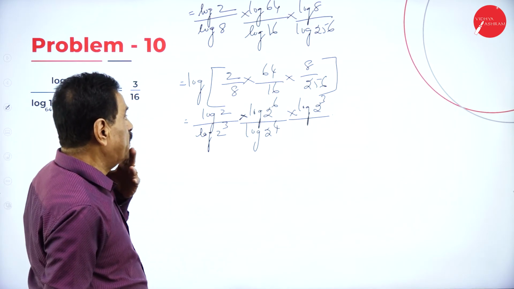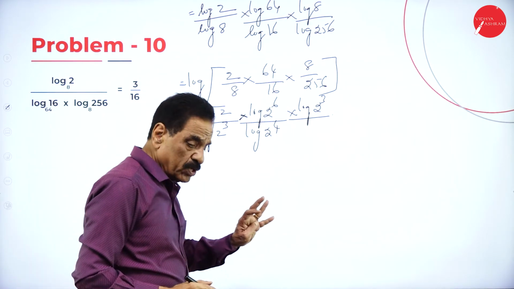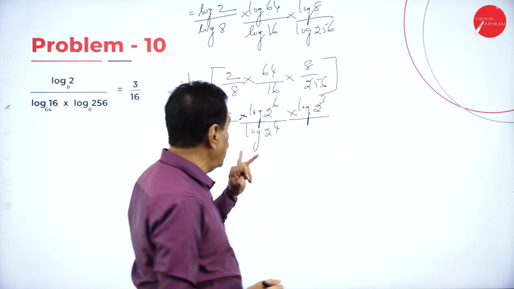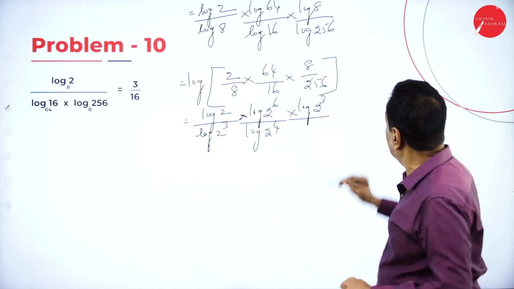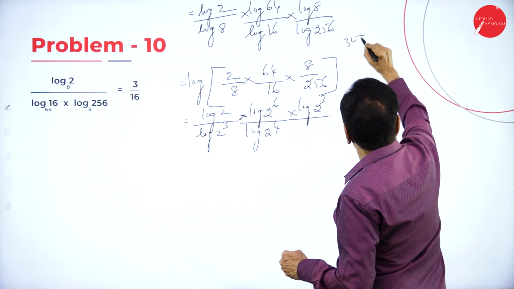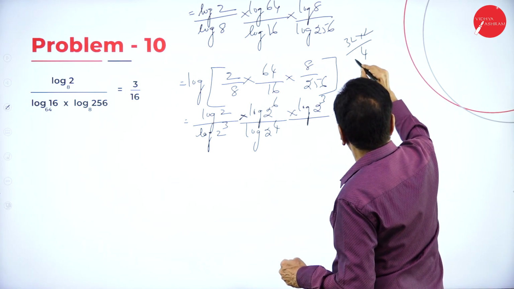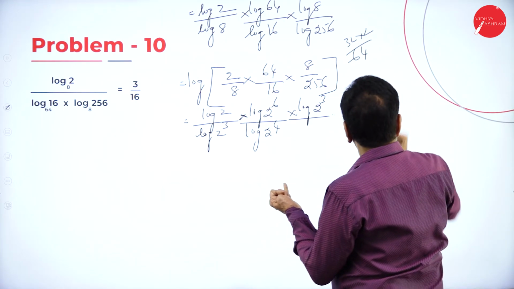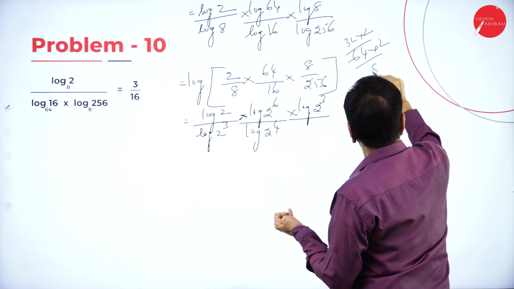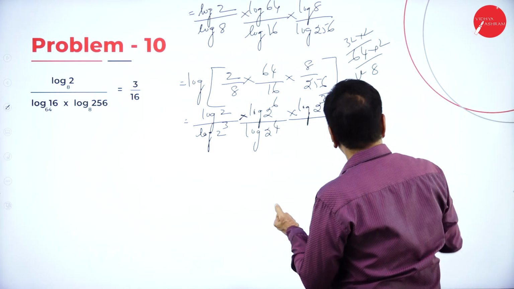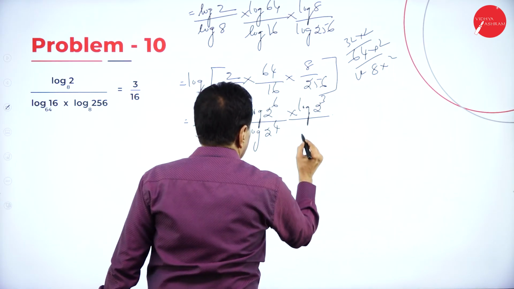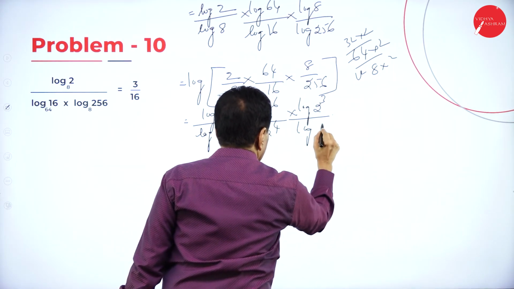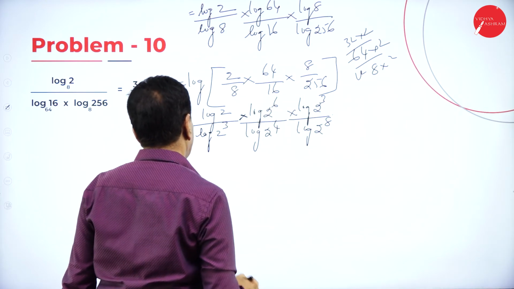This is 256. 2 twos are 4, 4 twos are 8, 8 twos are 16, 16 twos are 32, 32 twos are 64, 64 twos are 128, and once more 256. So this is 2 to the power of 8, log 2 to the power of 8.